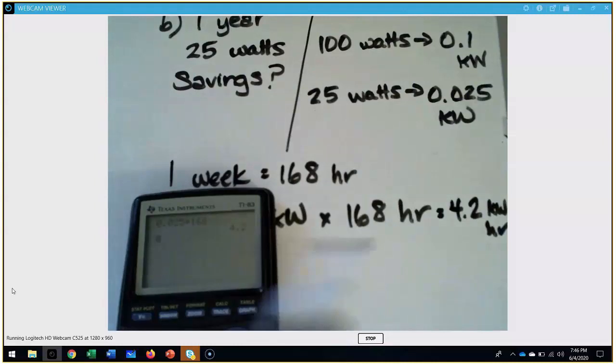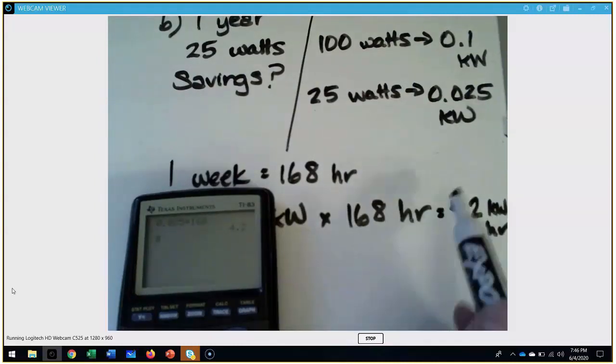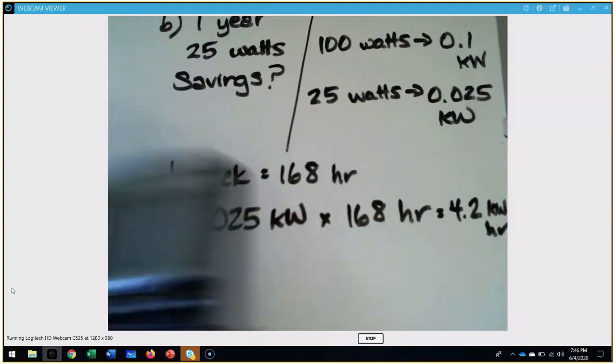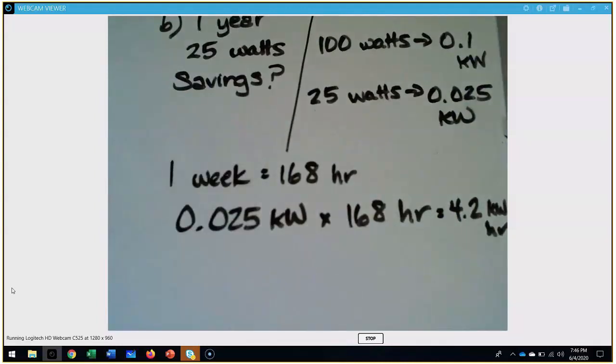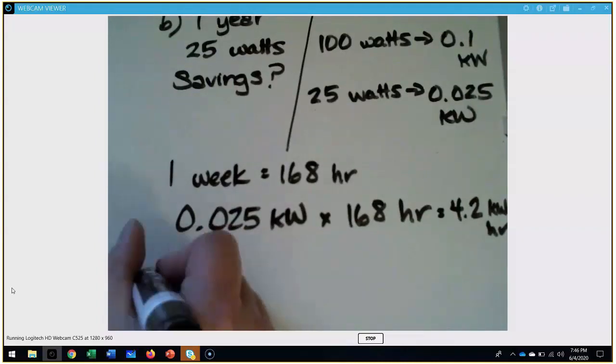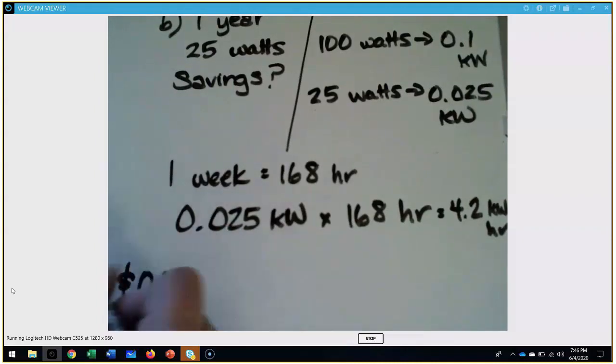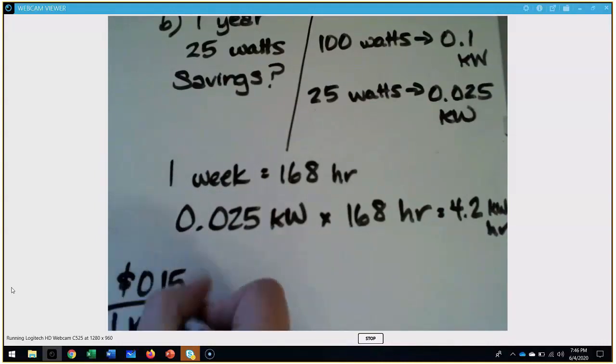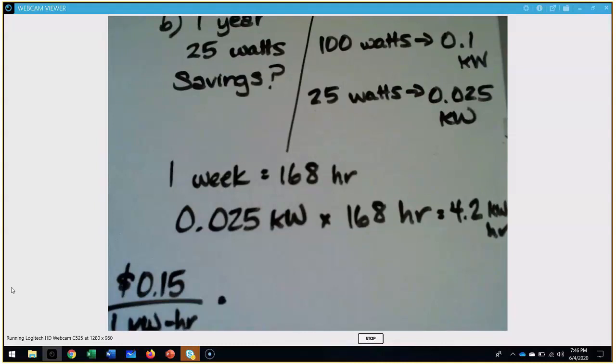All right. And now I'm going to multiply the 4.2 times the cost from the last part, the 15 cents, just like we did in part A. It was 15 cents per kilowatt hour, which is what the company charges.